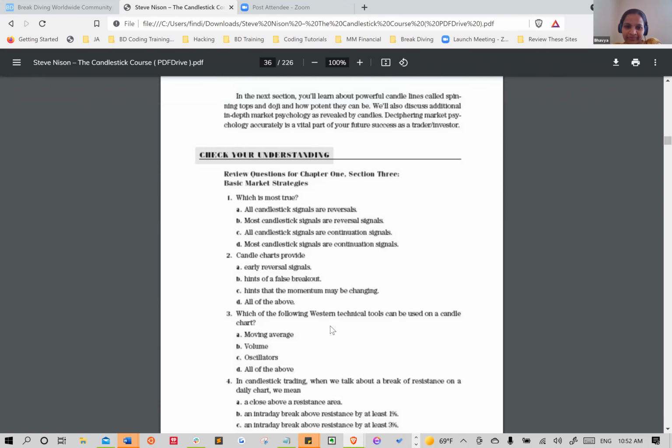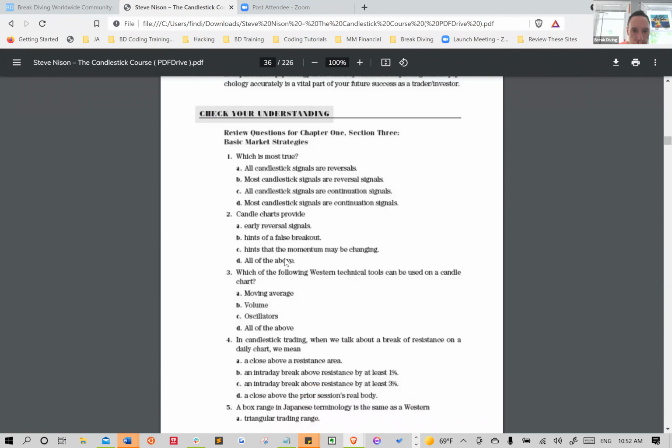Candle charts provide... Instead, the momentum may be changing, right? Instead of a false breakout. Meaning it looks like it's going higher, but it's not actually.